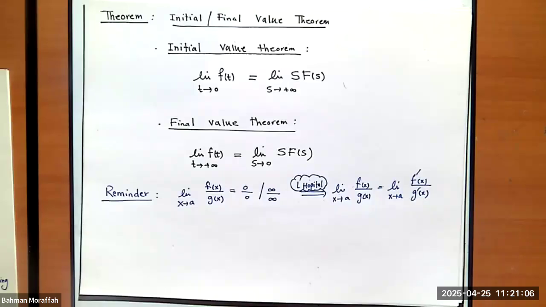This is particularly useful when we're trying to find initial conditions in a circuit, right? Whenever we have a circuit, we're always interested in a current or voltage right at time zero, at time infinity. And this theorem basically tells us what those numbers are, right?